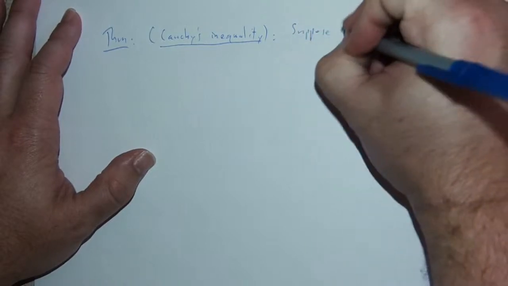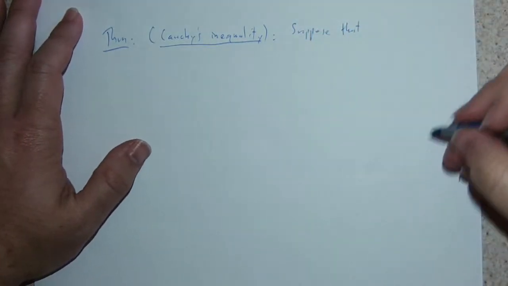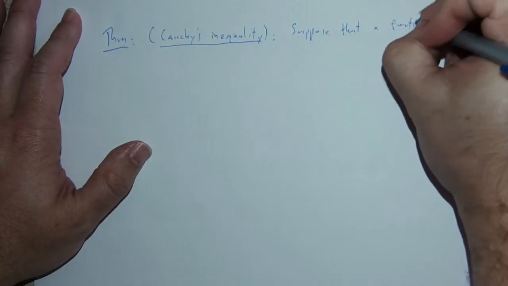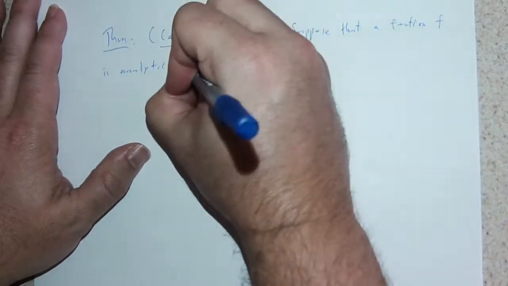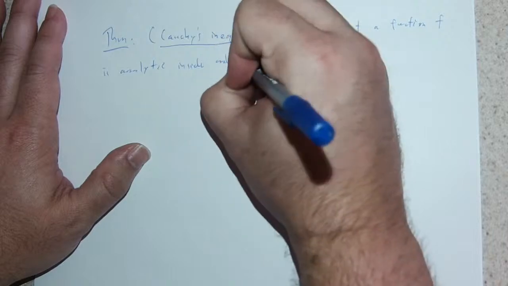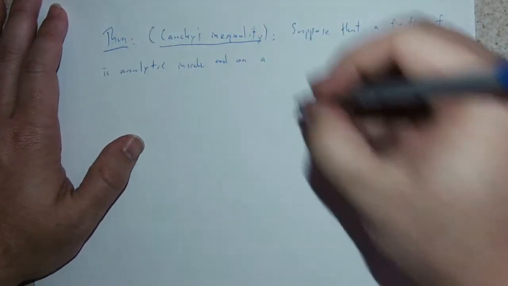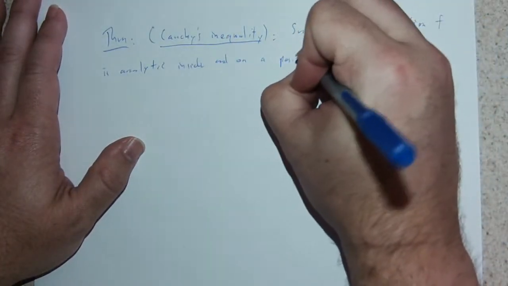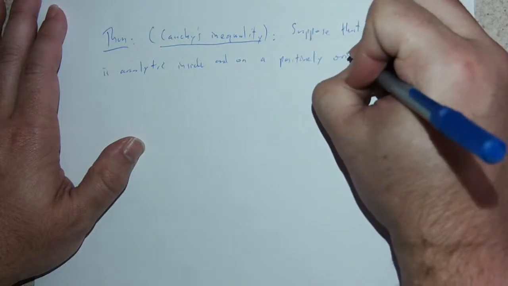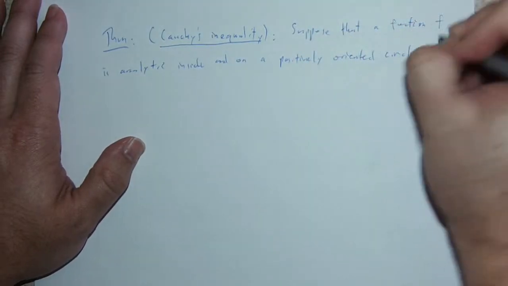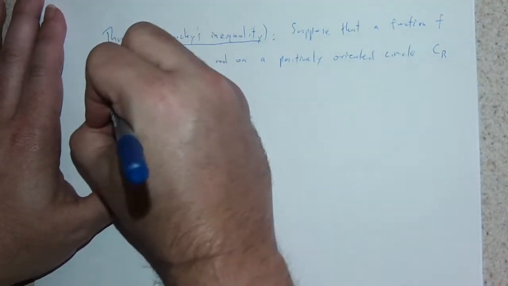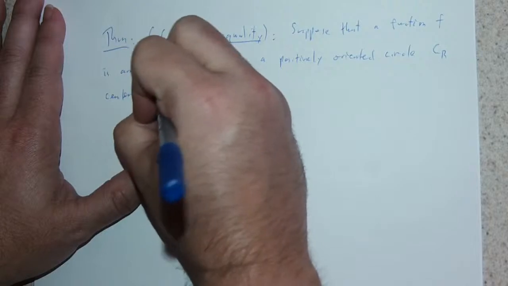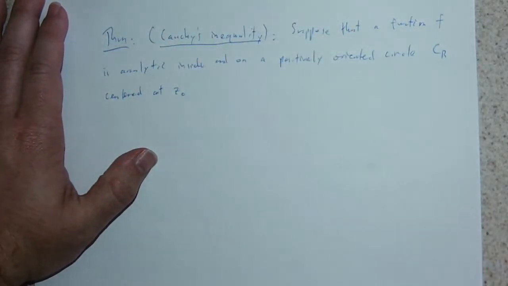So suppose a function f is analytic inside and on a positively oriented circle, we'll call C sub r here, centered at z0 with radius r.